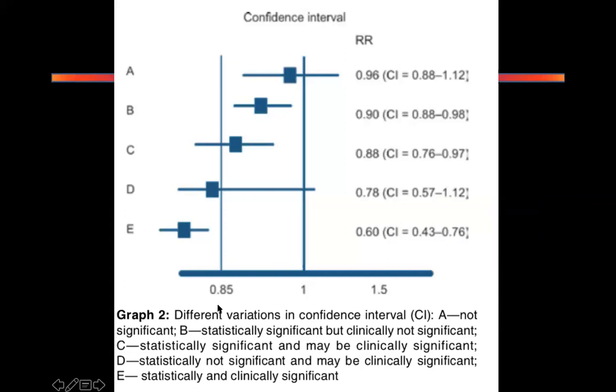Now, same thing I'll bring up. Same studies, they have now tabulated, instead of each value of that, the computer has calculated ratios and given you a confidence interval. Okay, so look at this, 0.88 to 1.12.